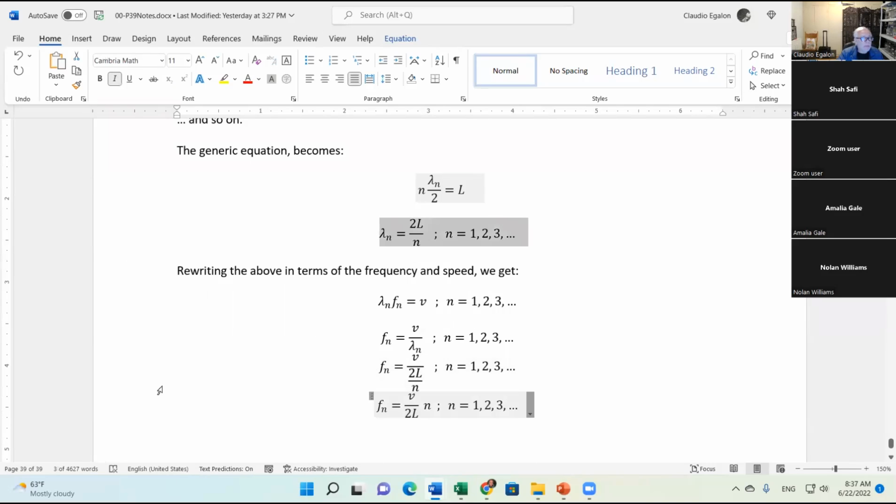Here we wrote the modes of vibration in terms of the wavelengths. Here we wrote the modes of vibration in terms of the frequency. So it goes directly proportional to n. Okay, that's a tube with two open ends. And then we also have the case of a tube that has one open end and a closed end.